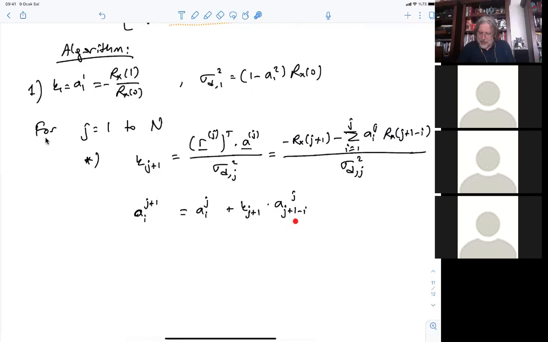So j plus 1 minus i also becomes 1. So a1,1 you are using again. So this kj is using this, and it is also multiplying it with k of j plus 1, and it's increasing the value or iterating the value of aj to aj plus 1.